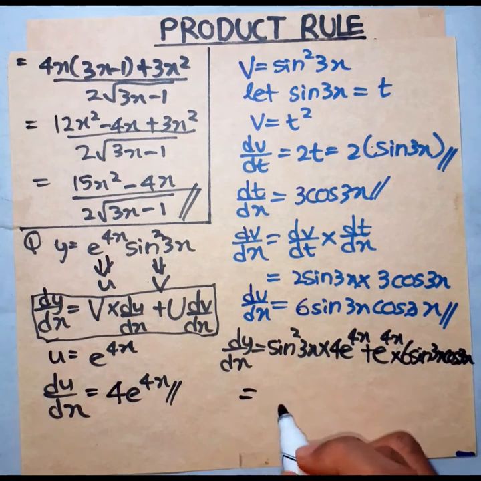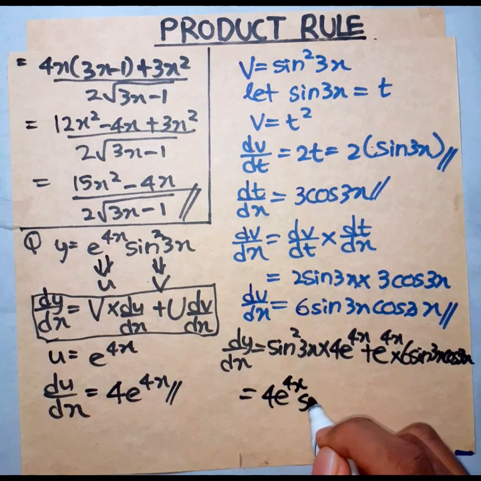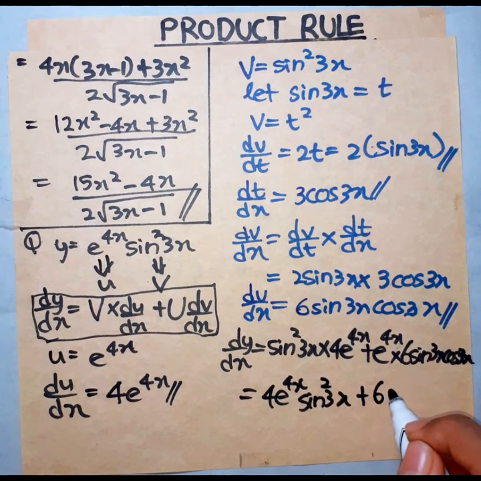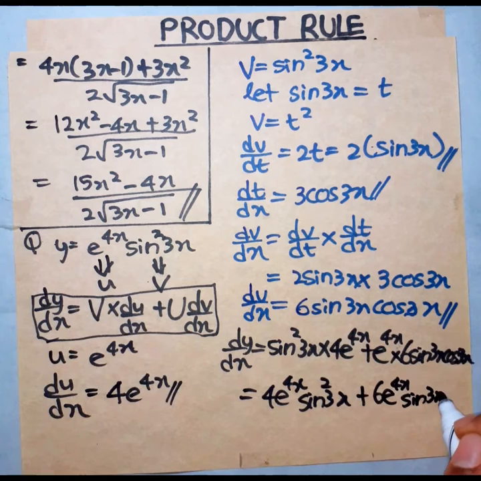So this is equal to 4 e to the power 4x sine squared 3x plus 6 e to the power 4x sine 3x cos 3x.